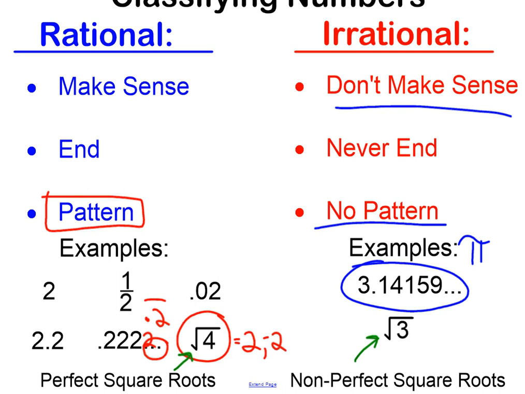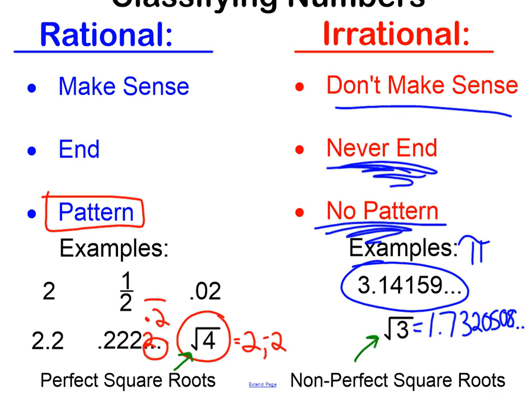And if I typed it into my calculator, I would have to write 3, hit the square root button, and I'm going to get 1.73205088... I get a never-ending, no pattern number, which is why non-perfect square roots are going to be irrational.